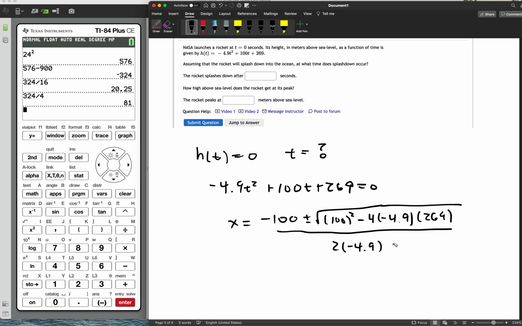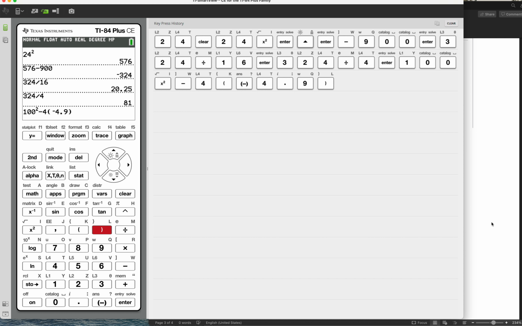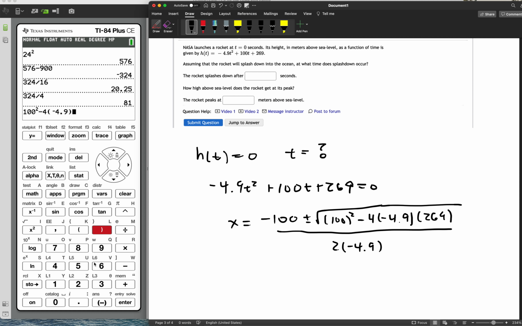Now, for brevity, what I'm going to do is calculate b squared minus 4ac in my calculator. So that's the radicand. So I have 100 squared minus 4 times negative 4.9 times c, which is 269.